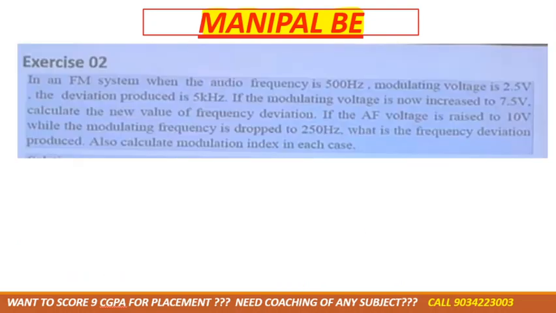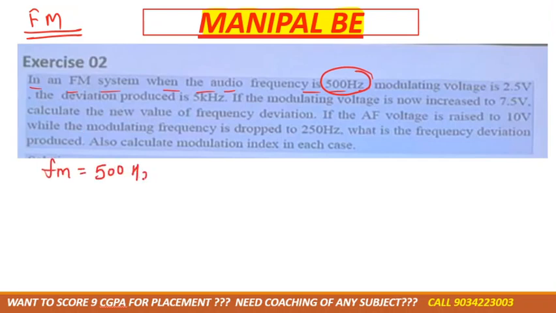Okay, now see, next is a question based on the FM system. In an FM system, when the audio frequency is 500 hertz, so they have mentioned fm is equal to 500 hertz, the modulating voltage is 2.5. That means the modulating voltage has an amplitude that goes up to 2.5, so Am is equal to 2.5.